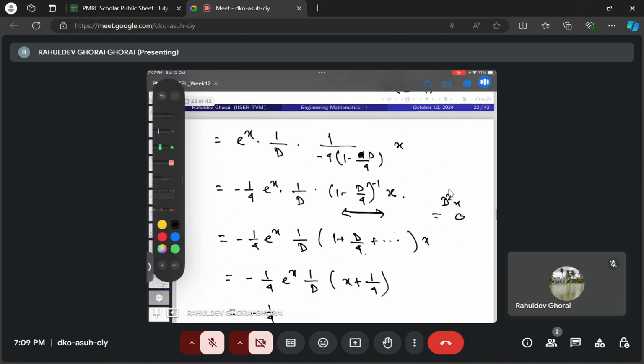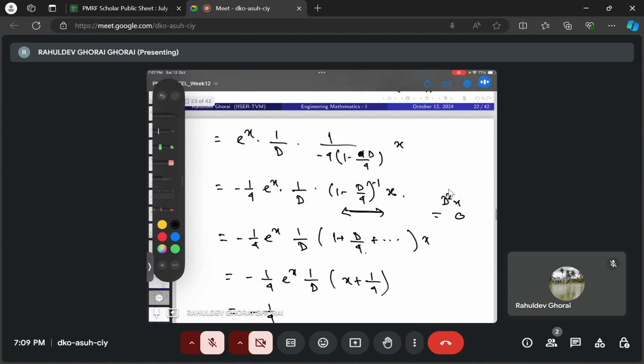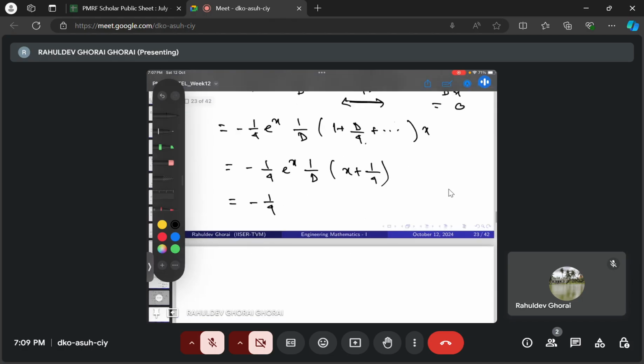Let's see what the answer is: 1 over 4 times x, then 1 over D will be x square over 2 plus x. Here 1 over D means integration. You can think of it as integration, because D is differentiation and 1 over D is integration of the function over the domain, a definite integral.